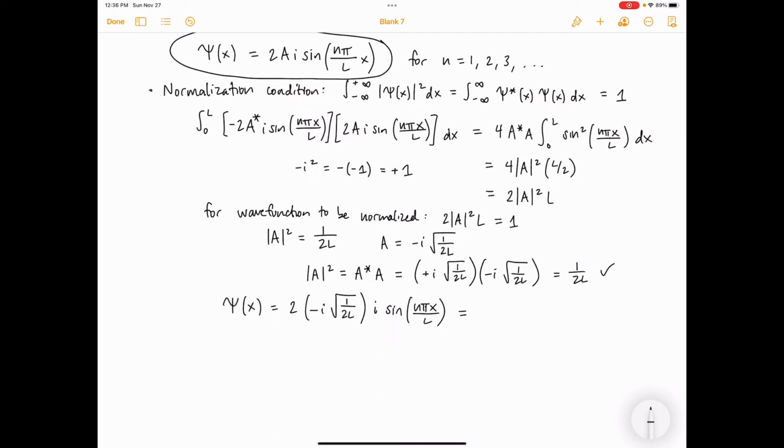That means we can write this as just 2 times 1 over the square root of 2L, and then sine of n pi x over L.